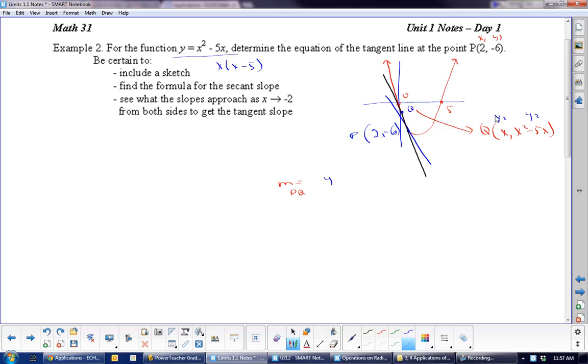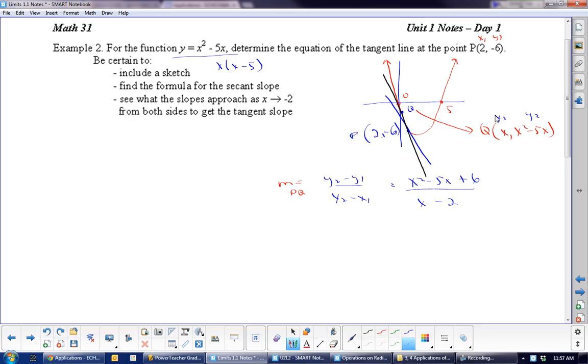So slope is y2 minus y1 over x2 minus x1. That would be x squared minus 5x, y1 is minus negative 6. That's plus 6. All over x minus 2. And we want to find the limit.